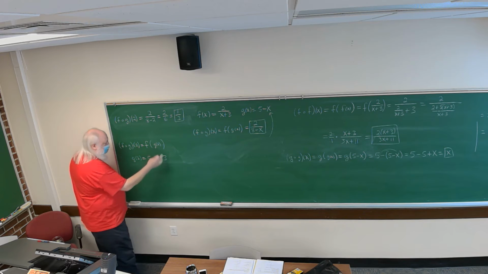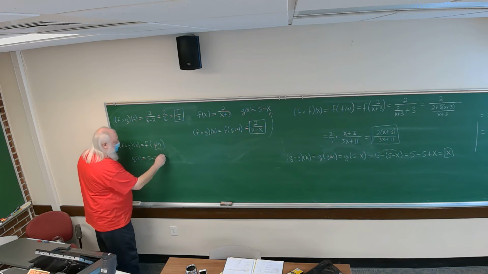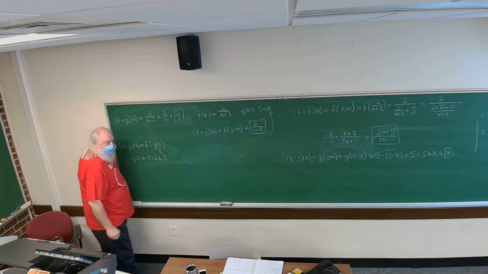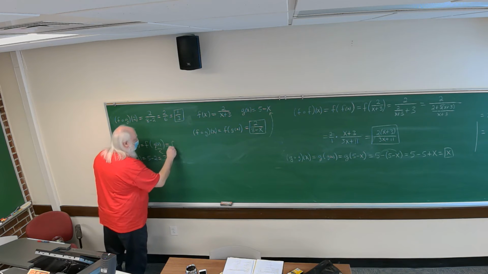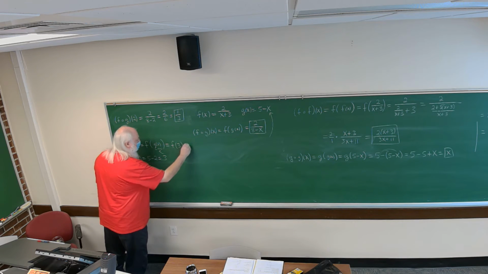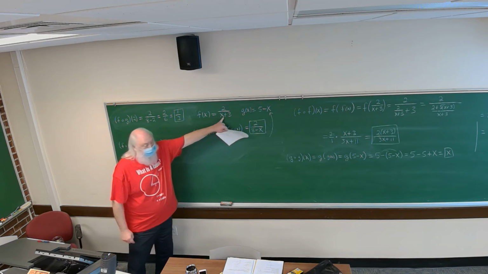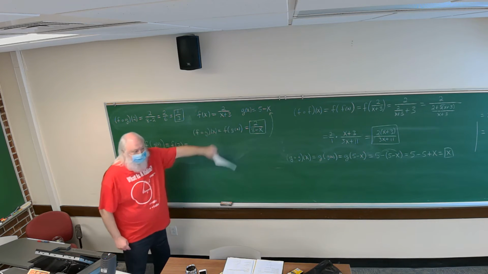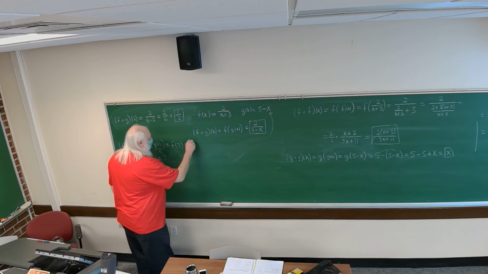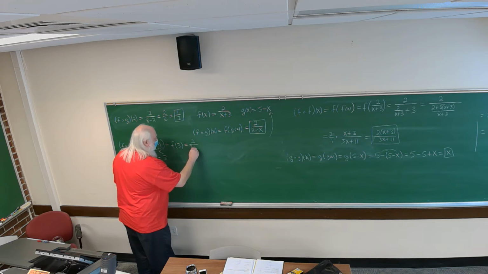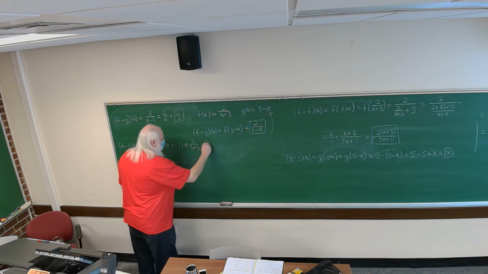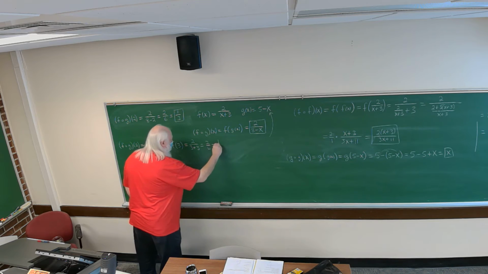So you replace G of 2 with what it's equal to. It's equal to 3. So now we have F of 3. What's F of 3 equal to? Put in 3 for X on the right hand side of F of X. You have 2 over 3 plus 3, which is 2 over 6, which is 1/3.